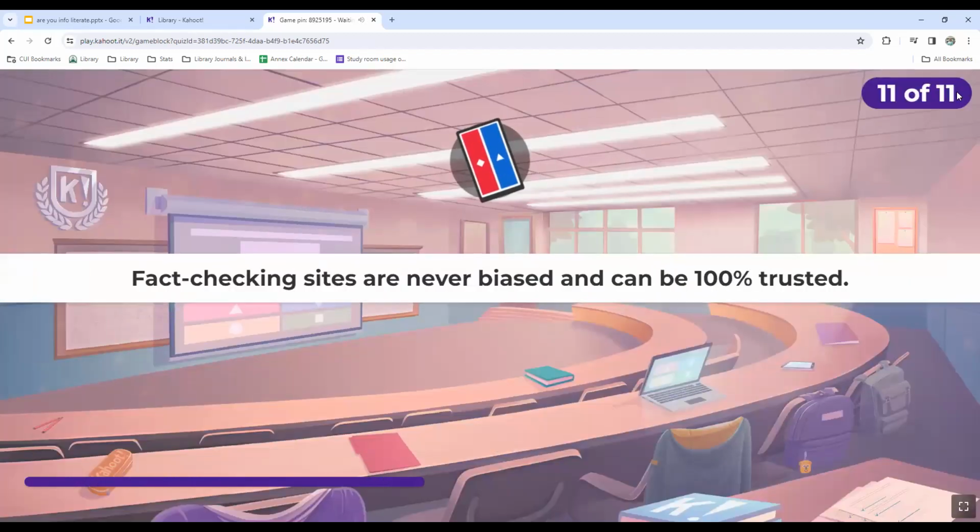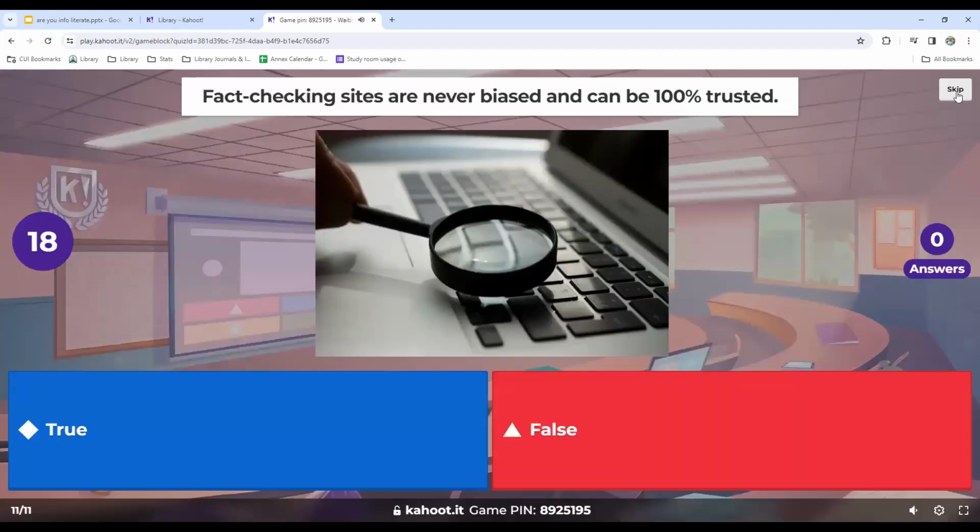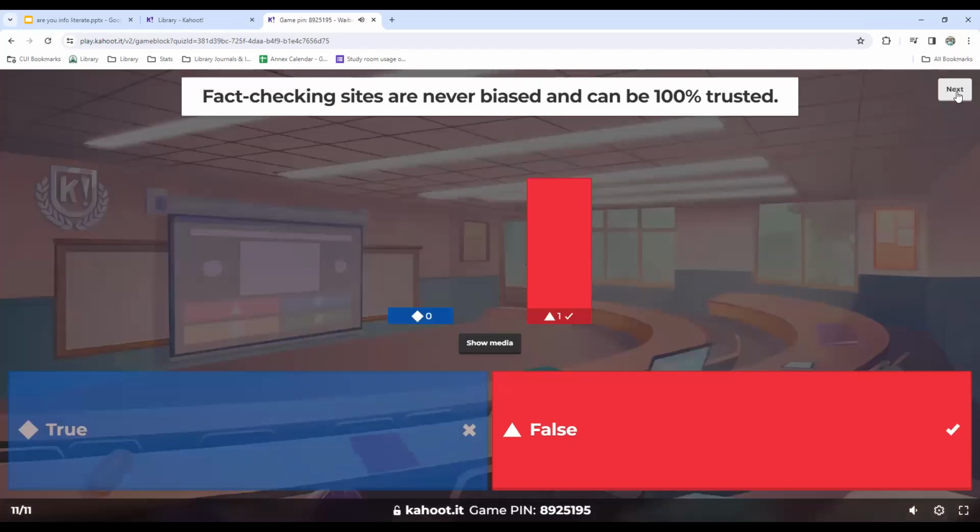And our last question, another true or false. Fact-checking sites are never biased and can be 100% trusted. Is that true or false? That is false.